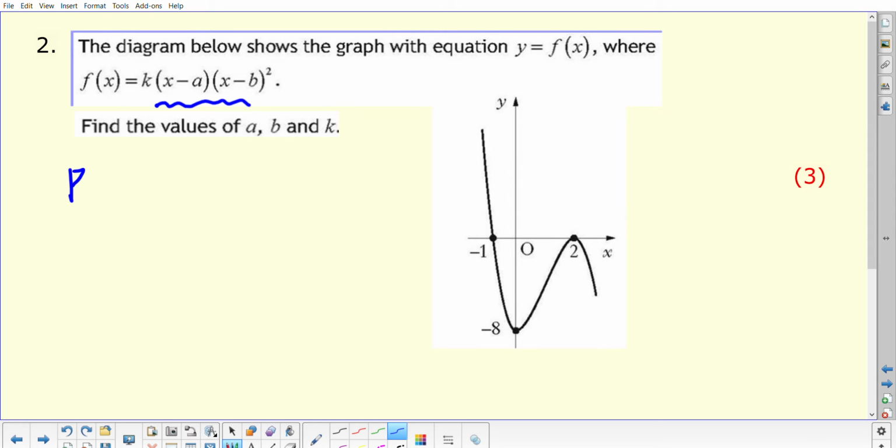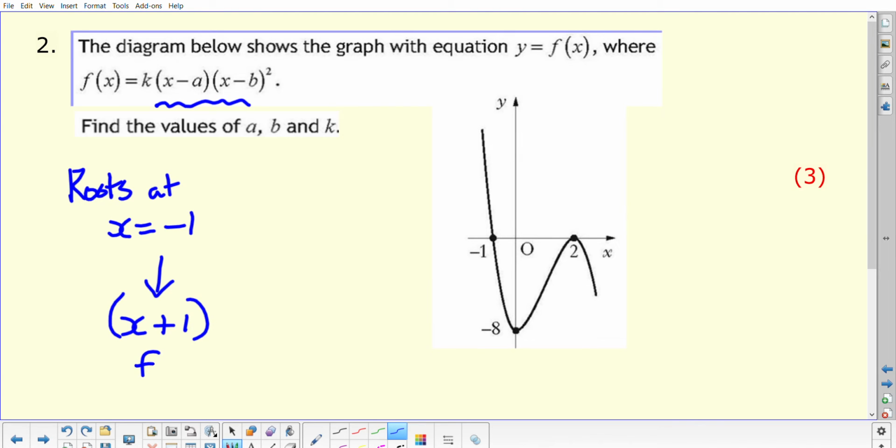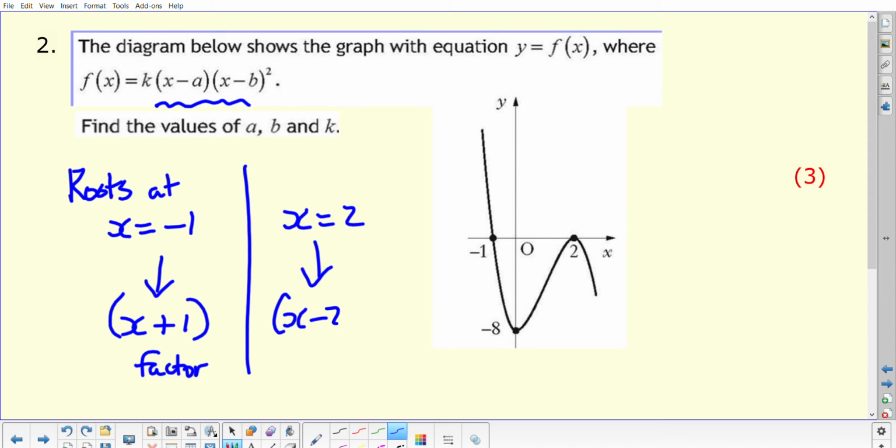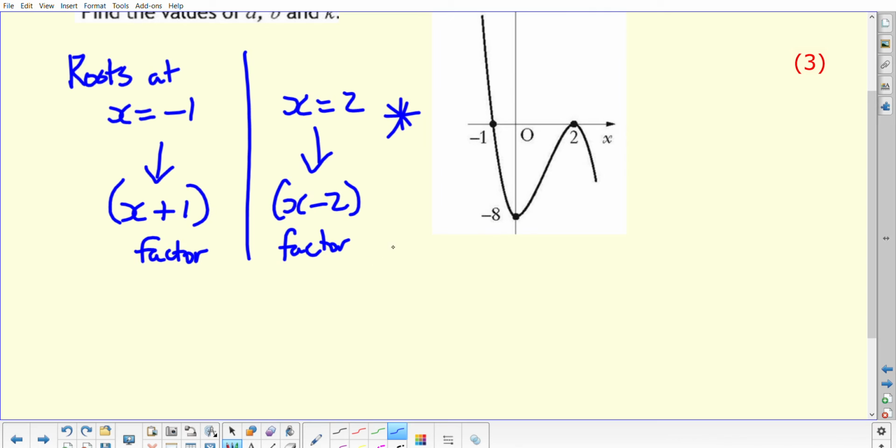So because you can see that you've got a root right at x equals minus 1, that would produce a bracket where you would have x plus 1 as a factor. And because you've also got a root at x equals 2, that would give you a factor of x minus 2. However, this one here, the x equals 2, is also a turning point.